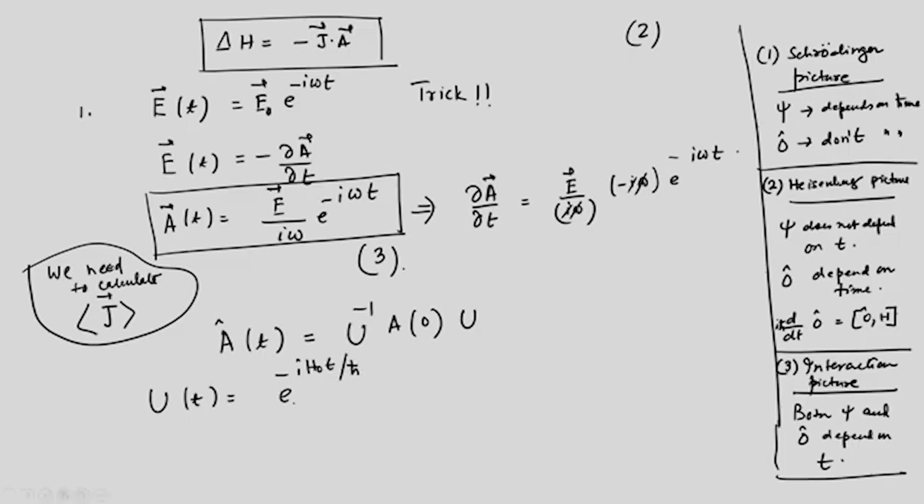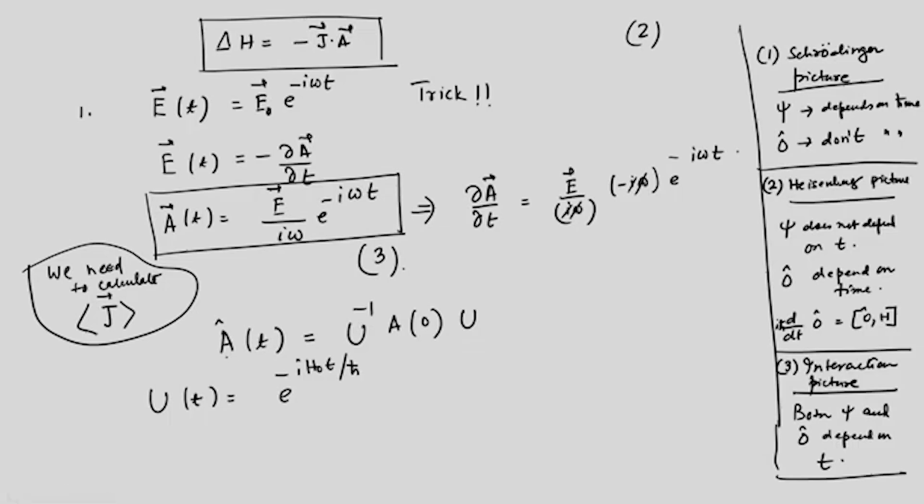You can set h cross to be equal to 1, otherwise you will have to carry it all the way. In any case, this is a unitary operation that one can perform on any operator, such as the Hamiltonian, and in this particular fashion, we'll see the time evolution of the operator.